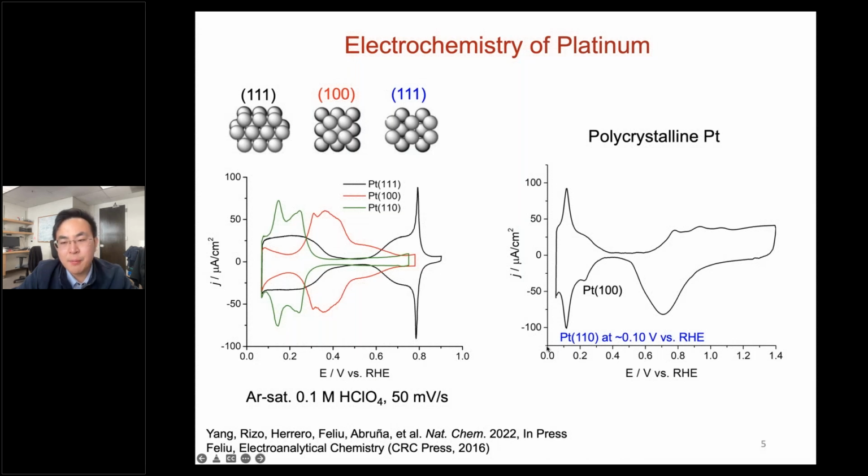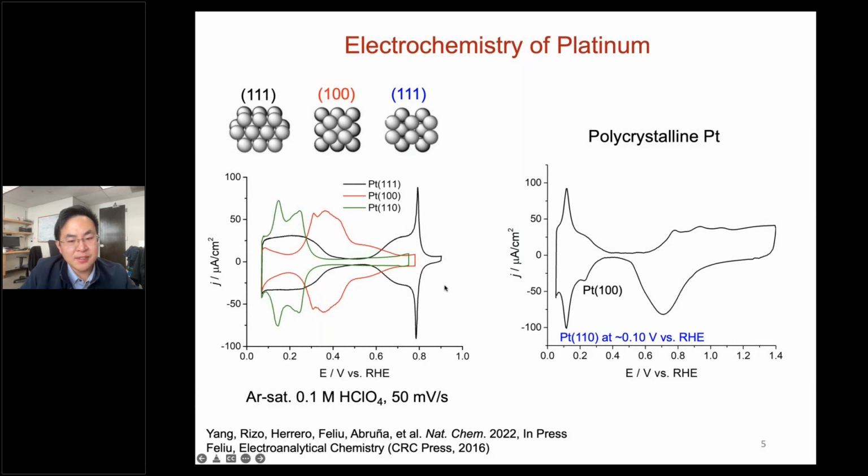In polycrystalline platinum, you would see all 3 features, and depending on the surface orientation, you may have a different ratio of 110 to 100. The important fingerprint is the position of platinum 110, which is about 0.10 volt versus RHE, which stands for reversible hydrogen electrode. That's the commonly used potential scale for electrochemists.